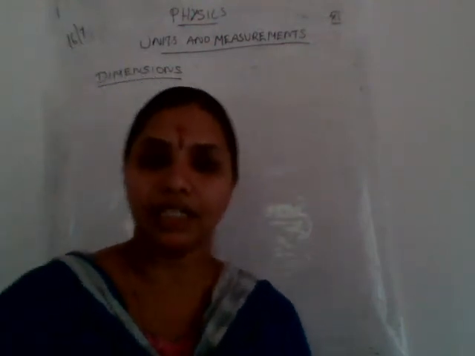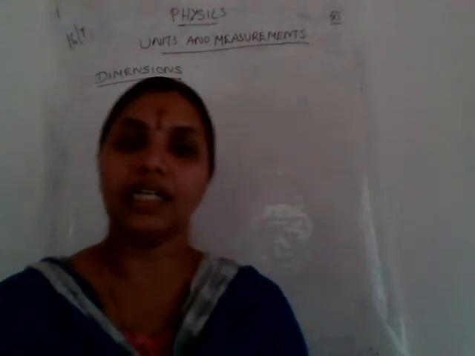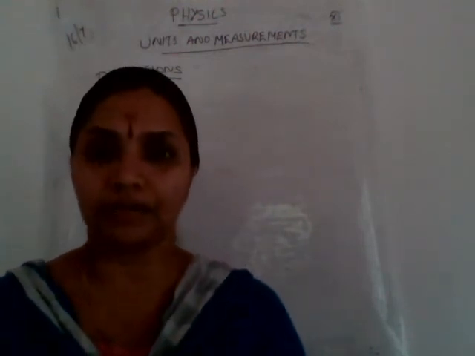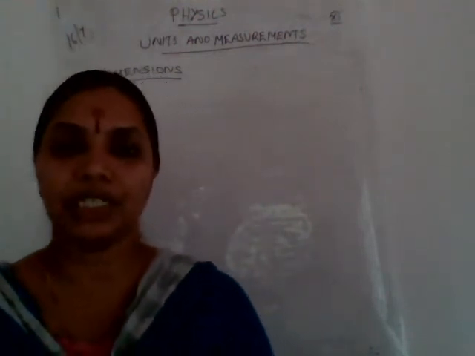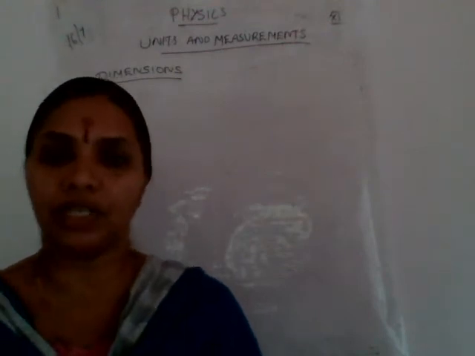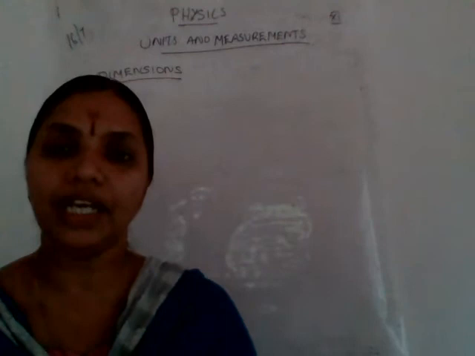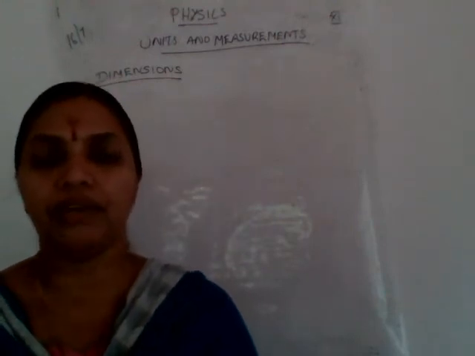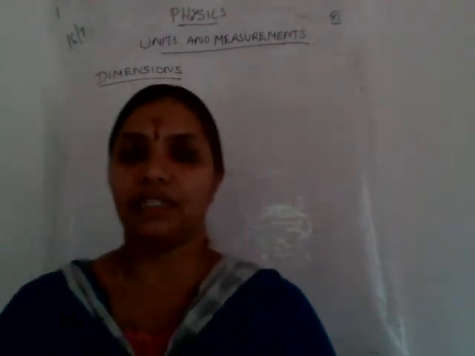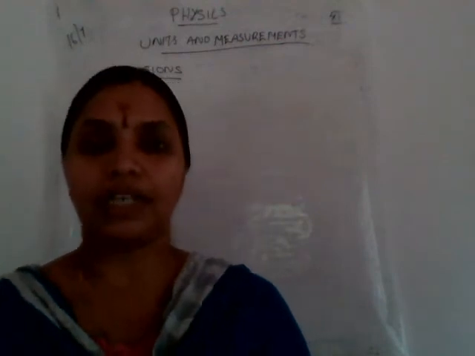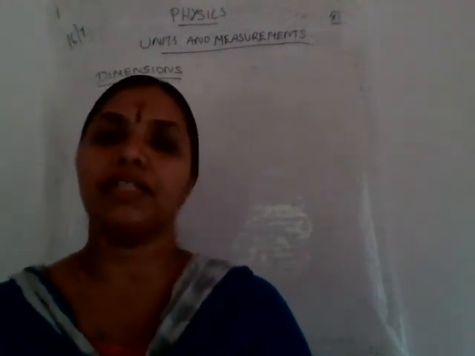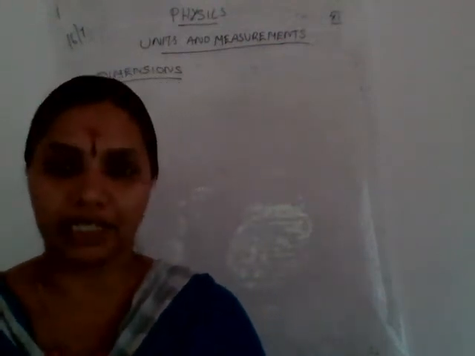And the third one is you can derive a physical equation for a physical quantity, if you know the factors on which that physical quantity depends.